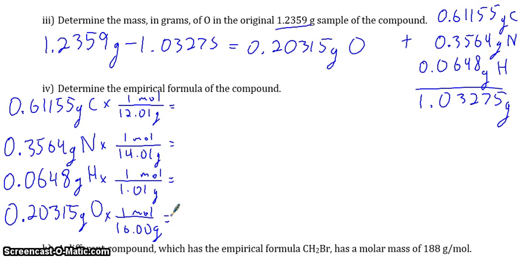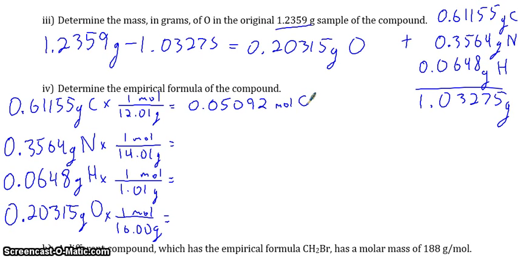So for carbon, and go ahead and keep a little more significant figures, 0.6115 divided by 12.01 gets us 0.05092 moles of carbon. For nitrogen, we've got 0.3564 over 14.01. In this case, we have 0.02543 or 44, we round it, moles of nitrogen.